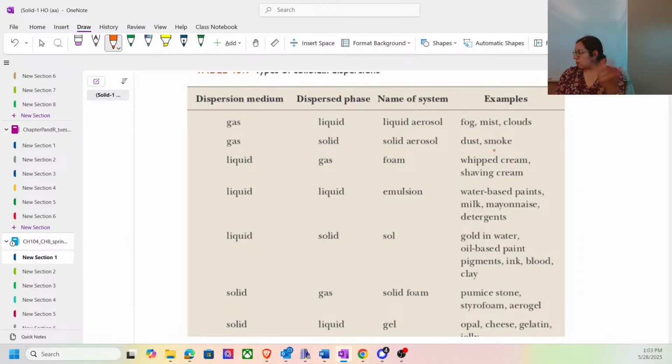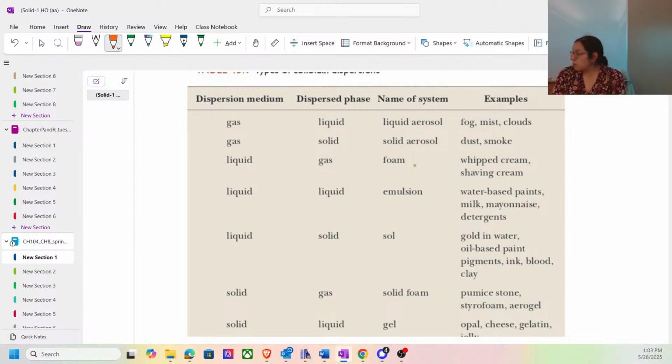You've probably seen this: the sun's coming in the window, maybe you smack the couch, and a bunch of dust particles fly up. That's the Tyndall effect as well. Or if you smoke, you blow out your smoke cloud into the light, and again you can see all the little particles reflecting in the light there.